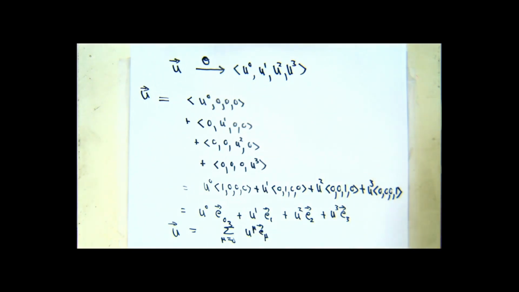Having indexed things in this way, I can write vector u as the sum of the components of vector u with respect to O multiplied by the corresponding basis vector as measured in O.